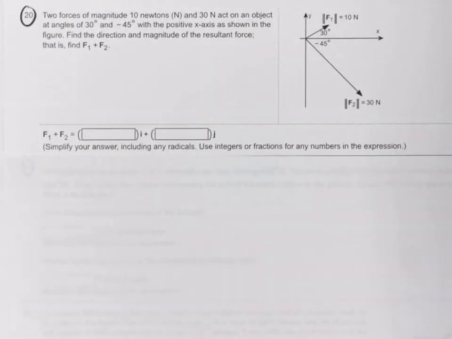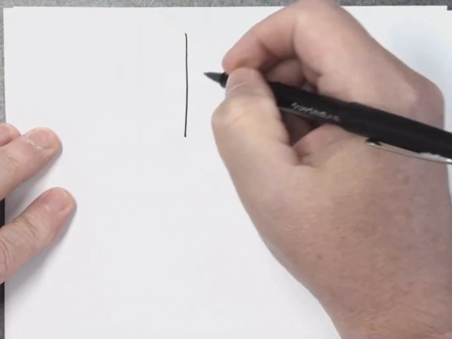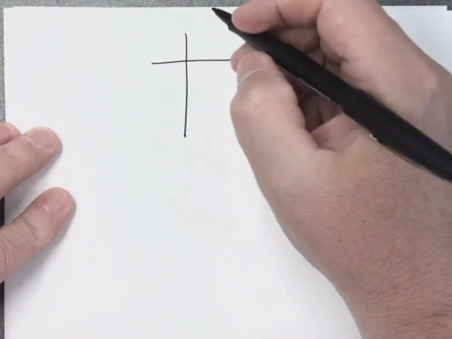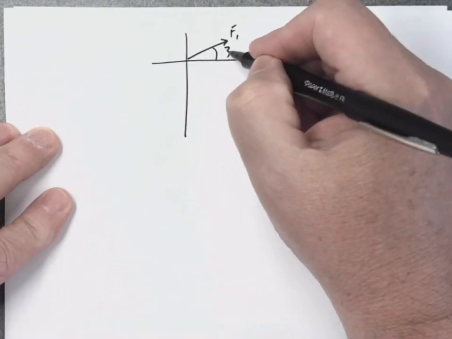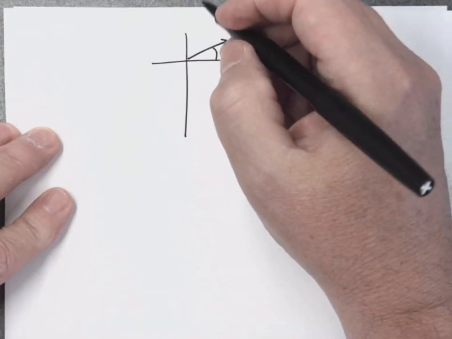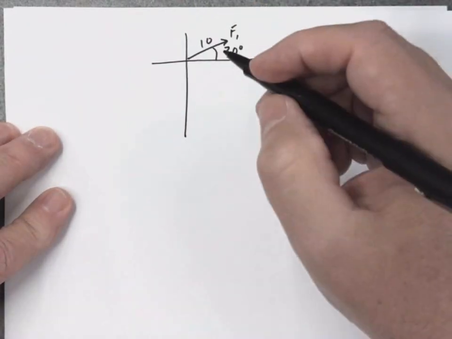So let me actually do this on a separate piece of paper so I have plenty of room. This is a fair amount of work involved here. So F1 is at 30 degrees with a magnitude of 10.